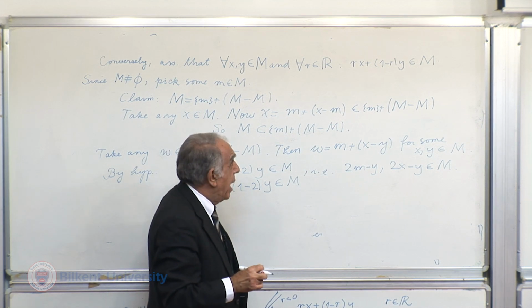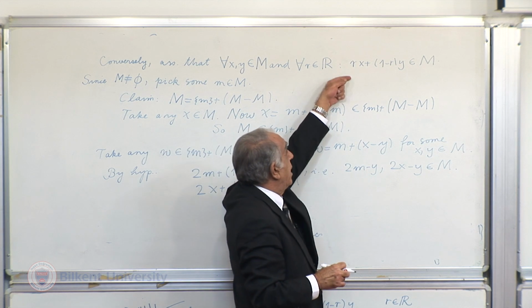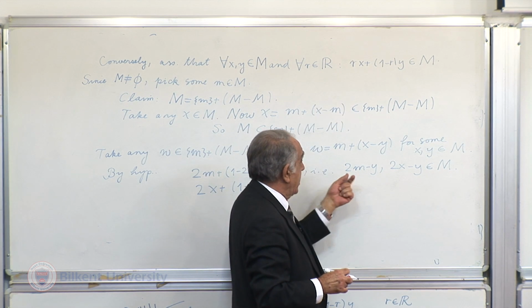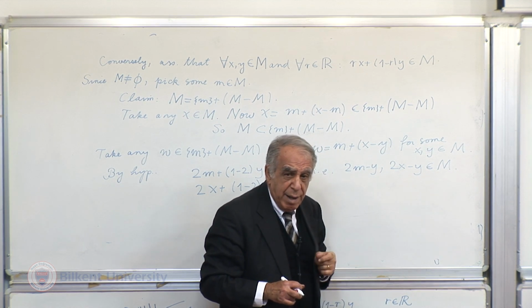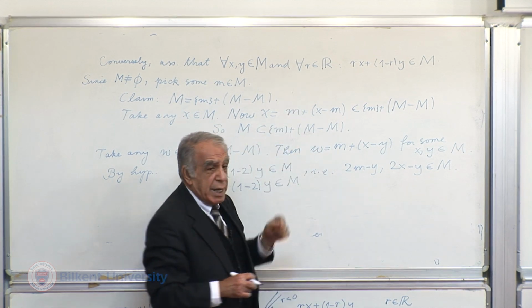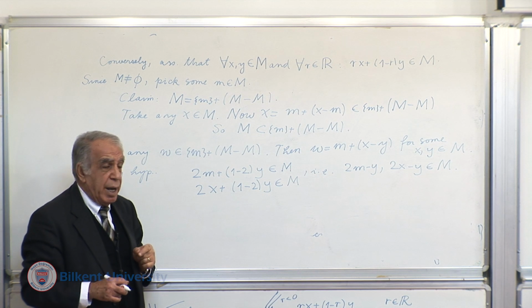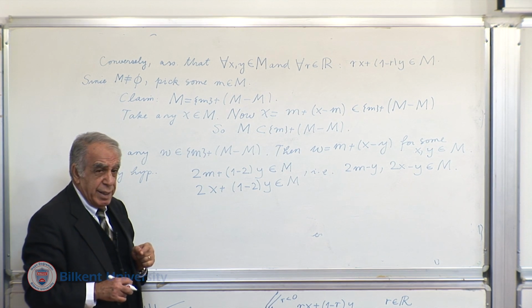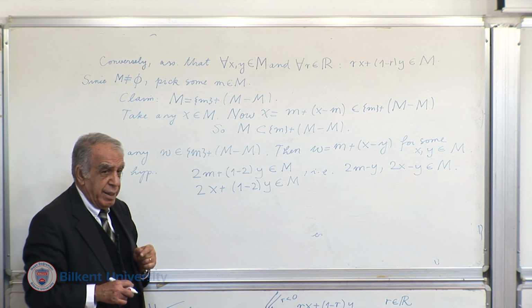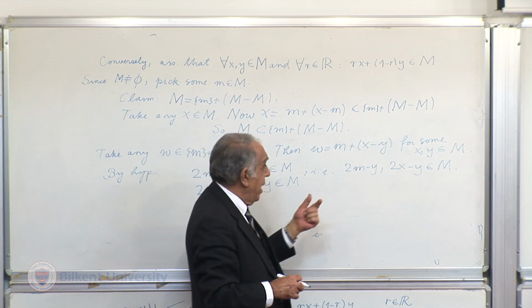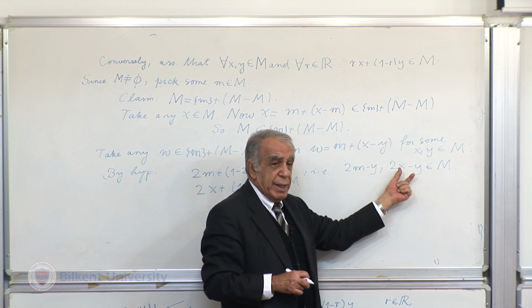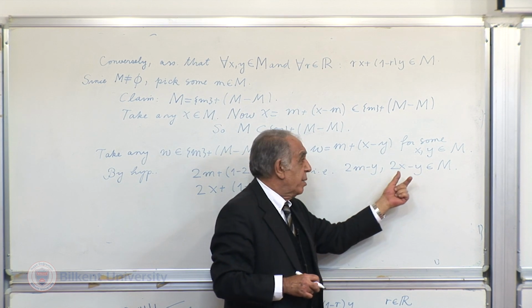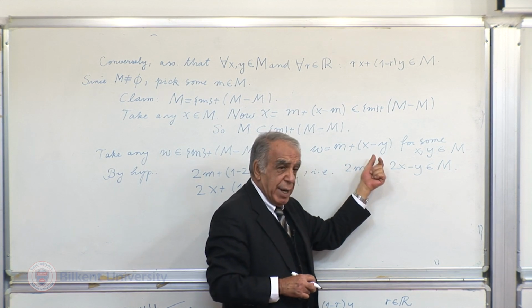But I can now apply this hypothesis to these two members of M by choosing r appropriately. How would you choose r? If you choose r 1/2, 1/2 this plus 1/2 this, you will just get m plus x minus y.